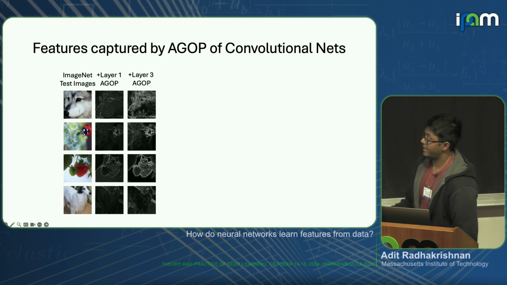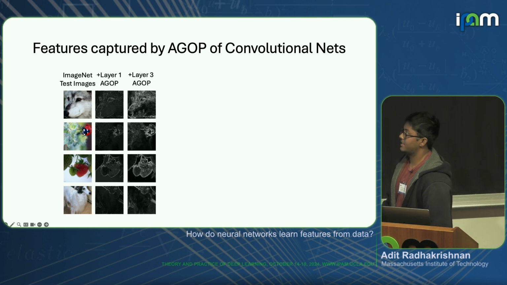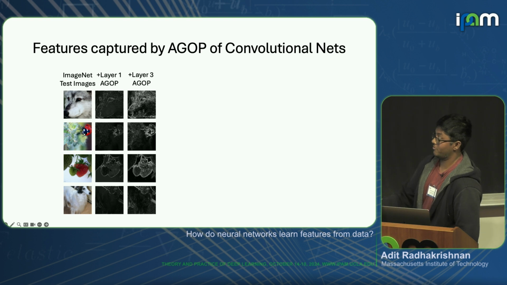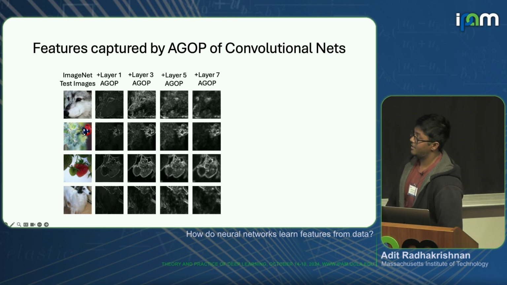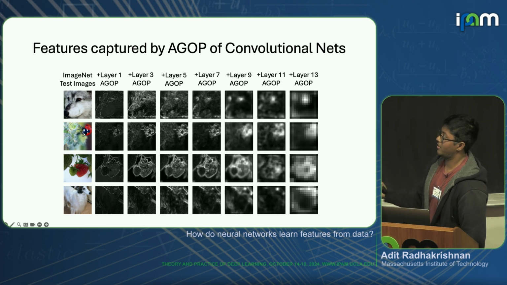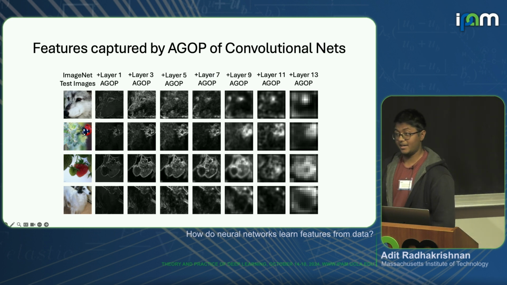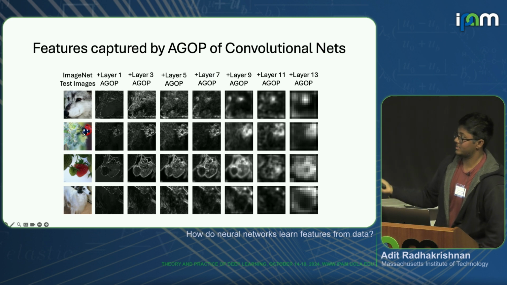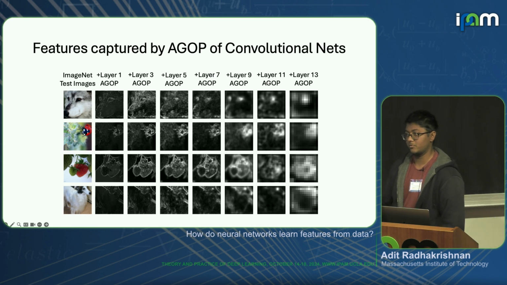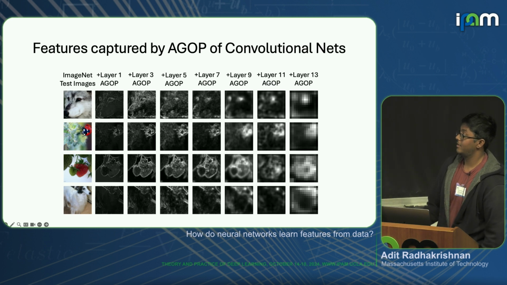If I go for the third layer, I'll see that it's starting to do some sort of progressive edge detection. And as I go deeper and deeper and look at all of these AGOPs, you'll see that for dogs, it just really focuses on eyes. For things like strawberries and ladybugs, it really focuses on the region of interest for this image. And this just gets amplified.